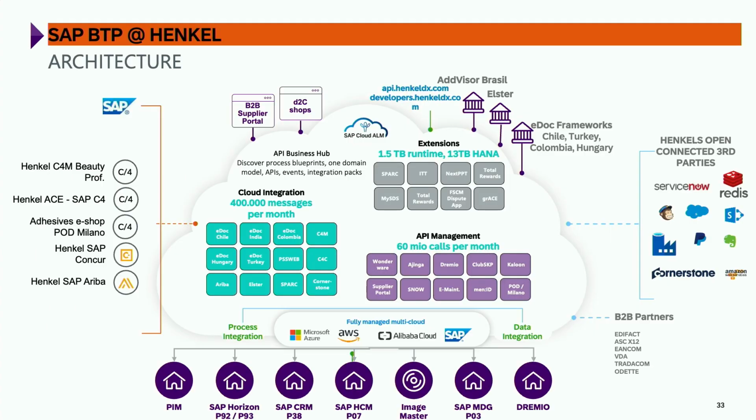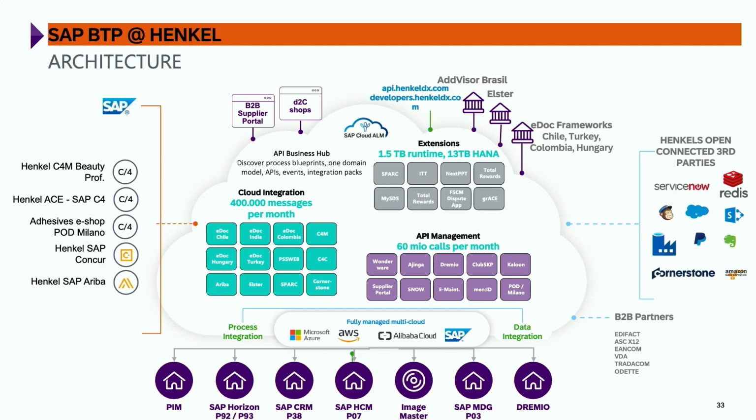This is just giving a short architecture of our landscape. You can see in the middle the big cloud, which is representing the Business Technology Platform, with the main pillars like extension suites, where we have several applications running, API management, and cloud integrations, which are mainly the central integration layer into our different SAP systems, which you see underneath, right?